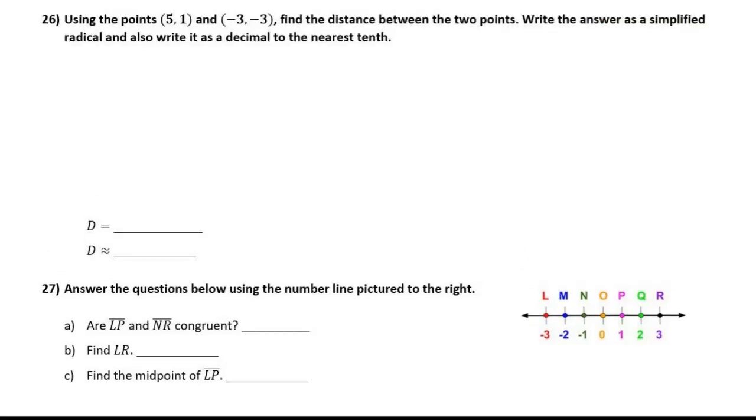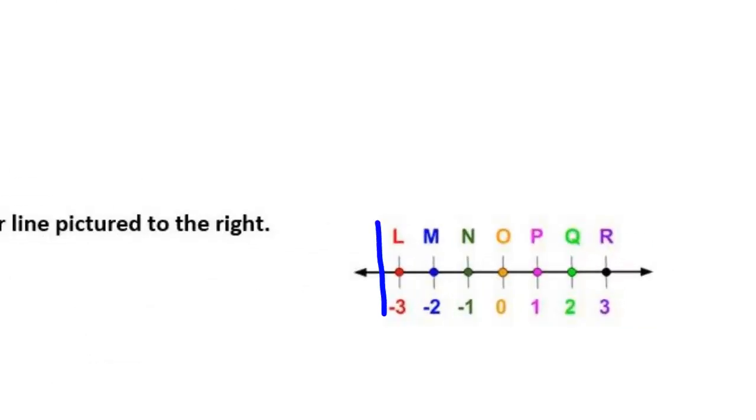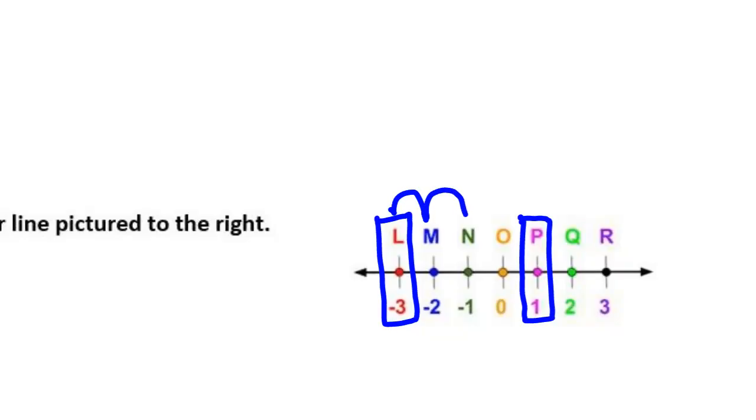So we're going to do just the x part. However, if I'm wanting to know if things are congruent, I can also just count the hops in between the dots. So from L over to P, I would go 1, 2, 3, 4. That has a distance of 4.